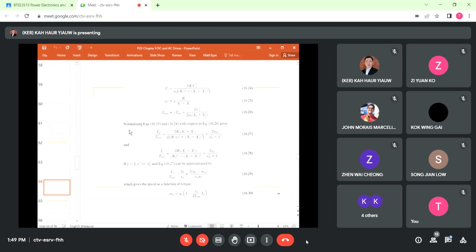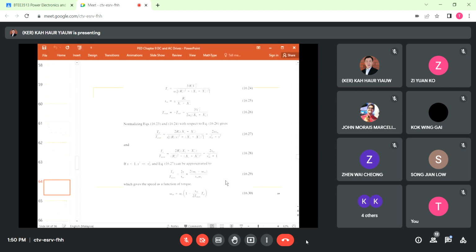If we normalize equations 23 and 24 with respect to equation 26, the ratio of Td over Tmn is shown in equation 27, and Ts over Tmn is shown in equation 28. If S is smaller than 1, then S squared is a lot smaller than Sm squared, and equation 27 becomes equation 29 here.